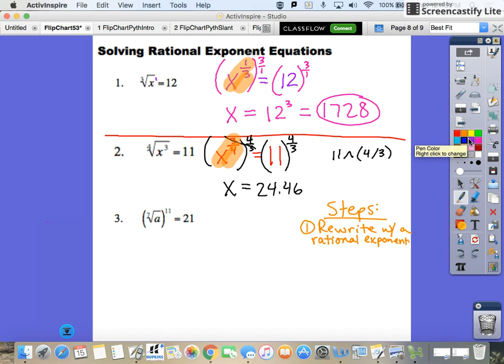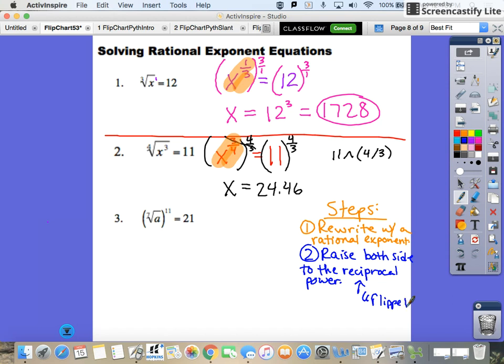The second step is to raise both sides to the reciprocal power. Reciprocal means the flipped power. And what that means is we raise it to the reverse power.